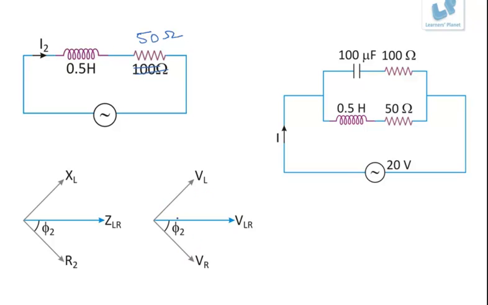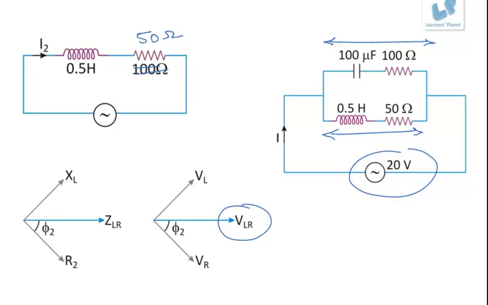And the resultant of these two will be in this direction because it is the same voltage that is applied here. So the total voltage across LR and total voltage across the capacitor branch has to be same because both of them are connected in parallel, and in turn connected with the 20 volt AC supply.